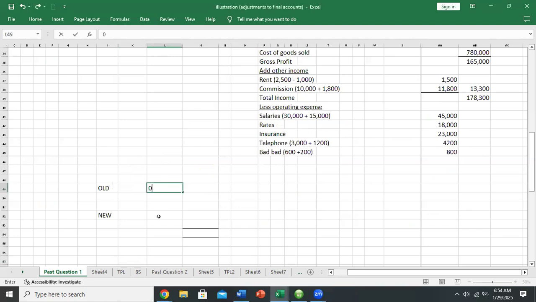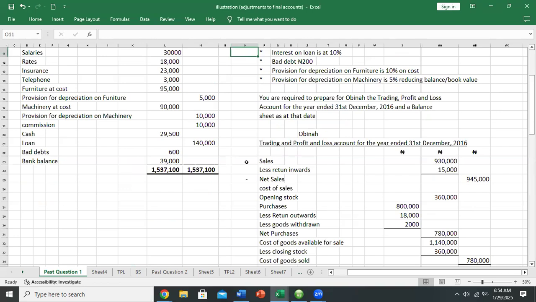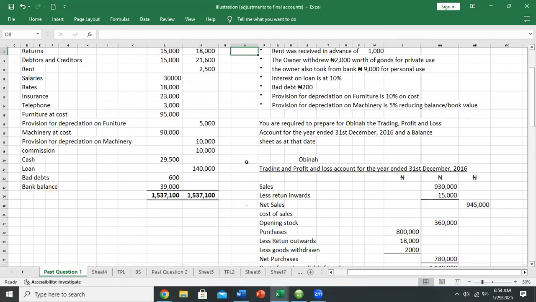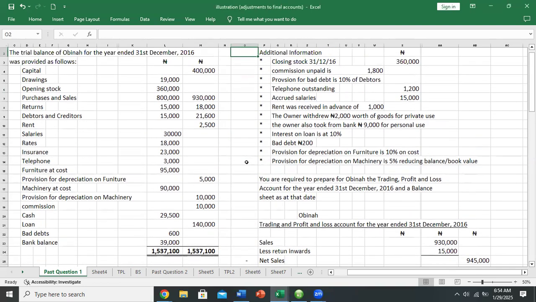Then we check for the new. Where would you find the new? The new one is always in the additional information. The additional information tells you about the new provision you have to make. And that is here, telling us that provision for bad debt is 10% of debtors.